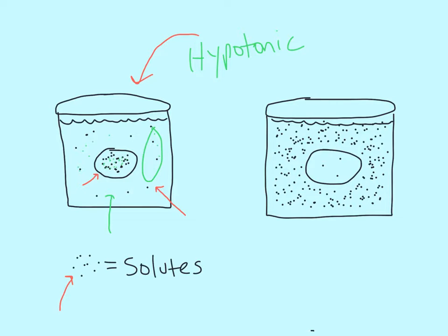So obviously, this solution right here, since there's more dots, there's more salt, there's more solutes outside the cell versus inside the cell, this solution here is going to be hypertonic.